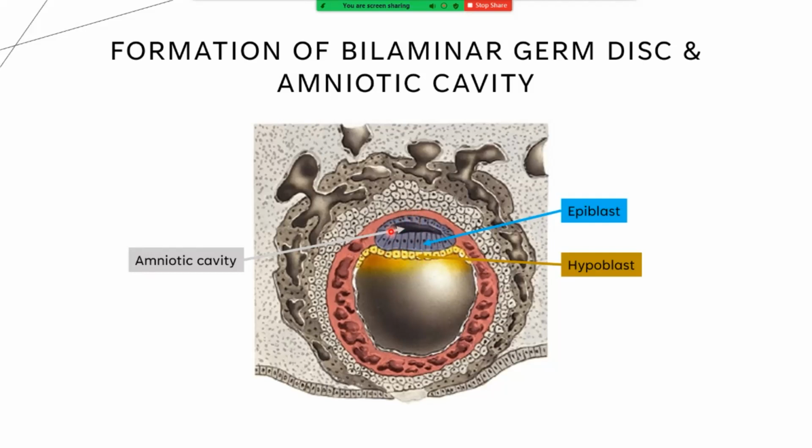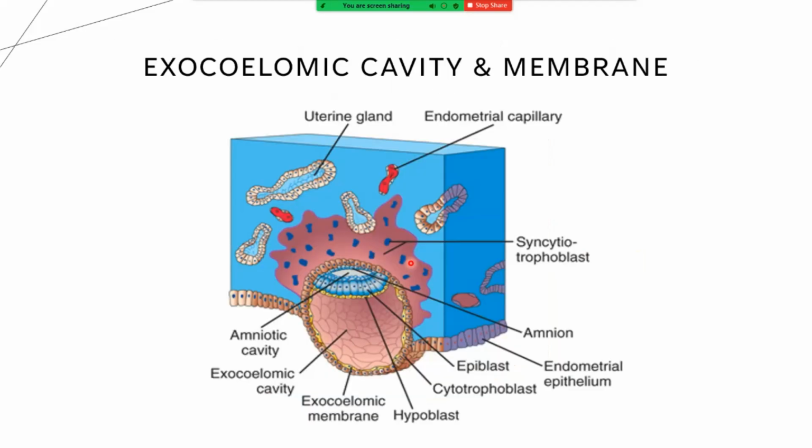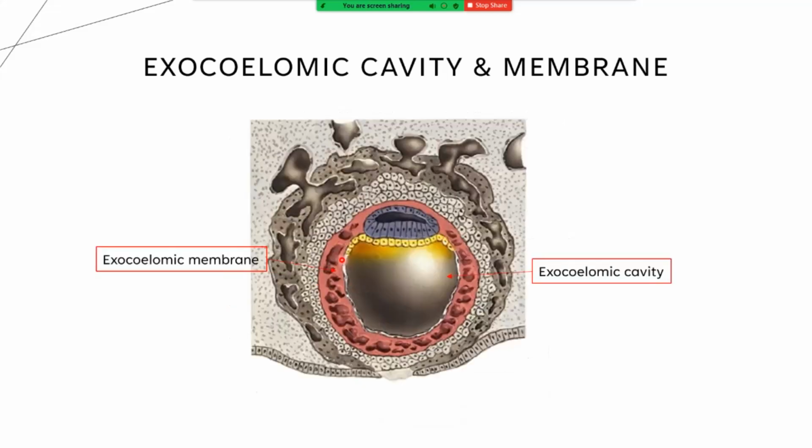The amniotic cavity is surrounded by the amnion or amniotic membrane. There is also, remember, our blastocystic cavity, which becomes the exocoelomic cavity, and the exocoelomic cavity is lined by the exocoelomic membrane, right? The exocoelomic membrane lines the exocoelomic cavity.